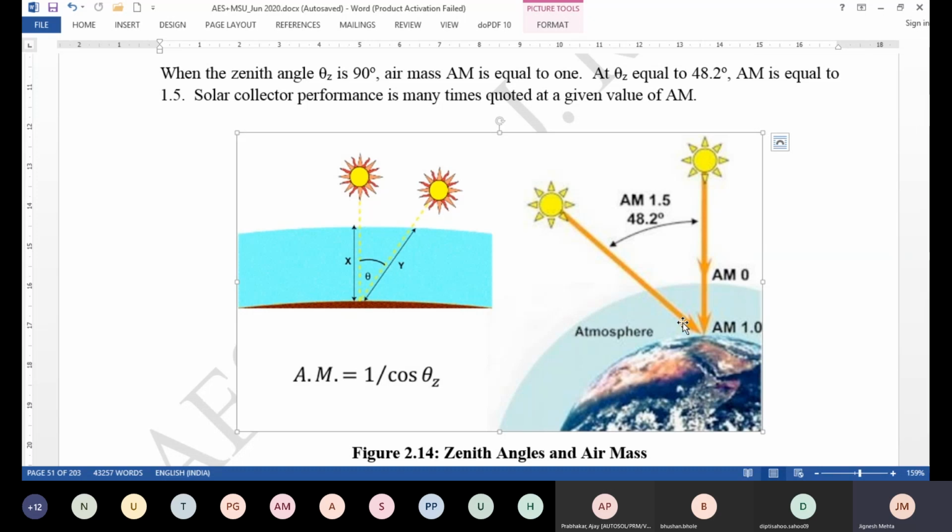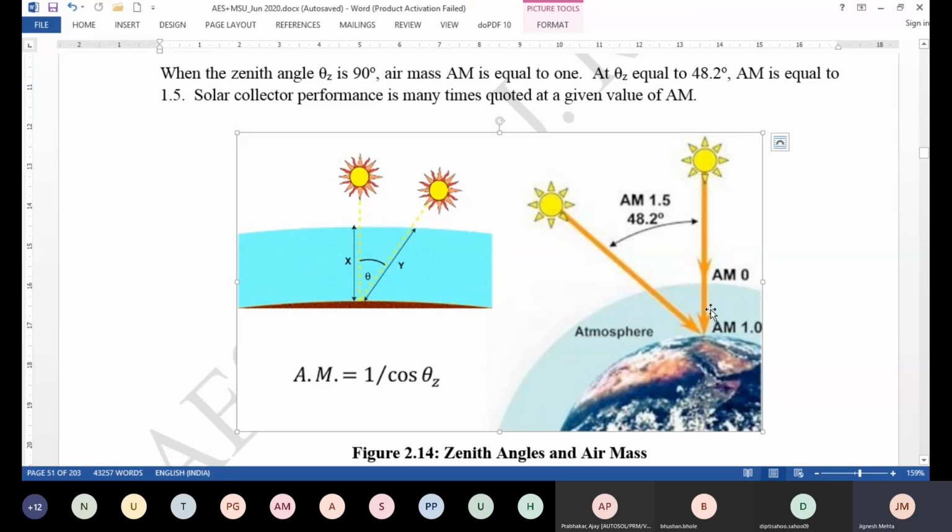Some part gets reflected, some part gets scattered, and radiation will come from the whole hemisphere of the sky.